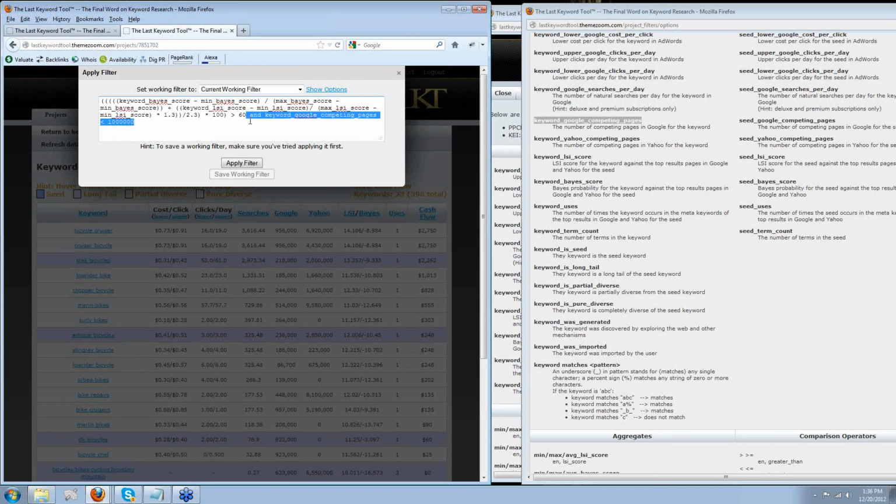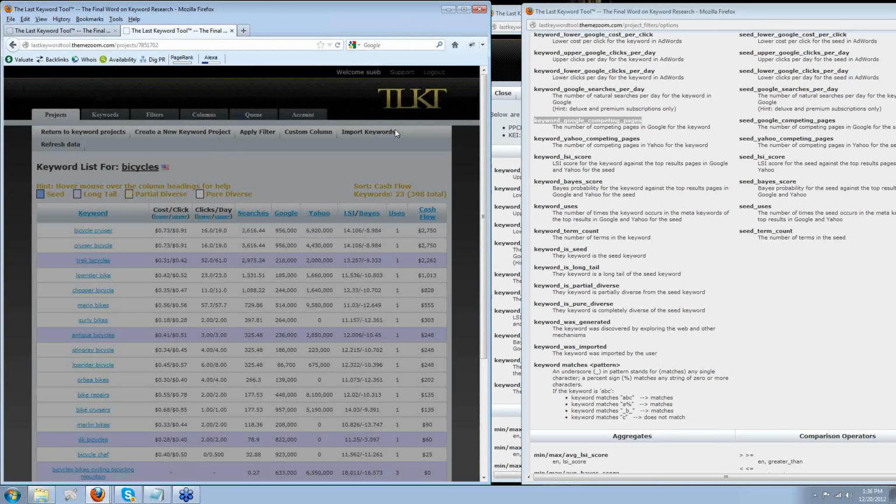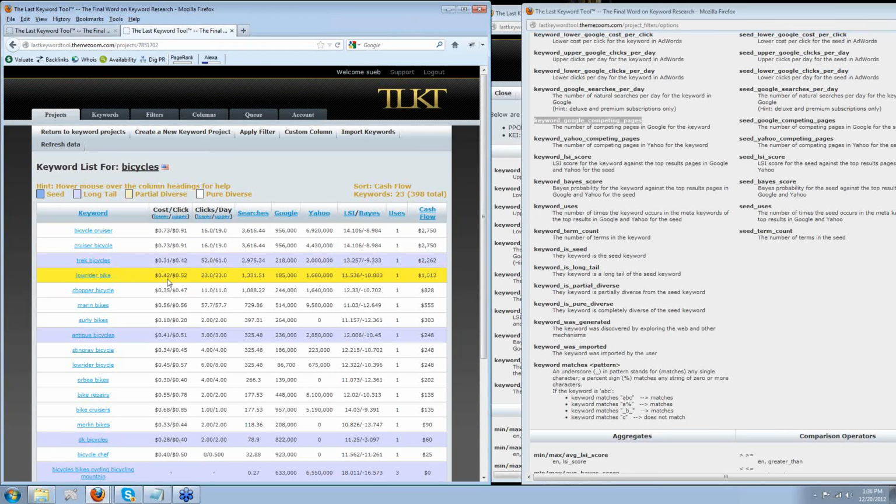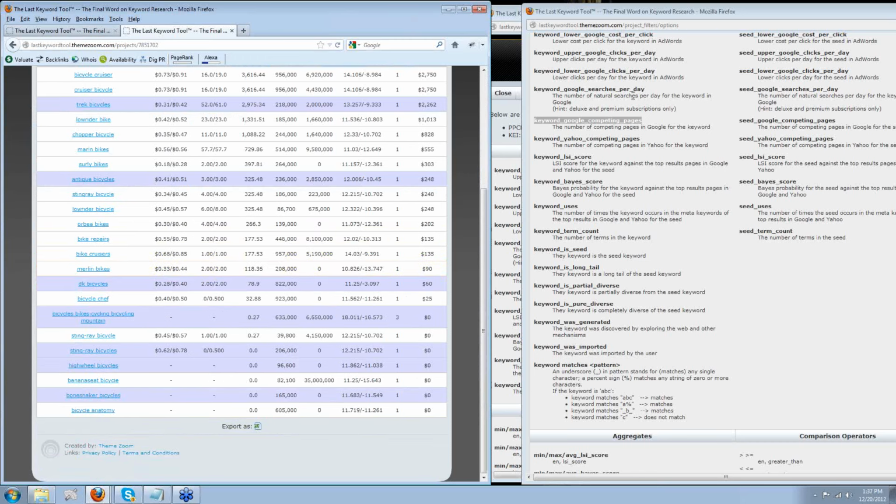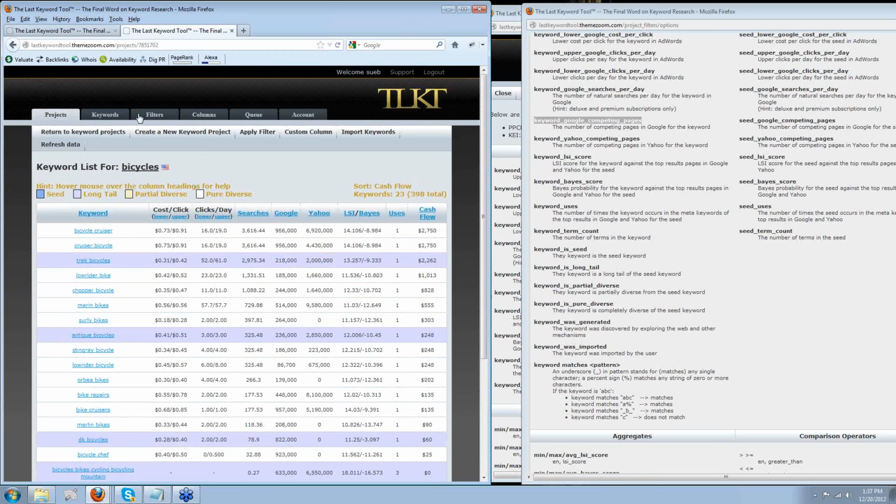For example, if I get rid of that, then you're going to see a lot more competitive keywords on the top. So it just kind of depends. Don't know if that really answers the question, but the short answer is there a way to filter for 10 keywords or something like that? No. I would probably just export them so that I've got them in a list and then just grab them and drop them into my keyword project.